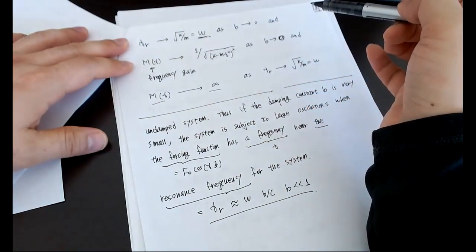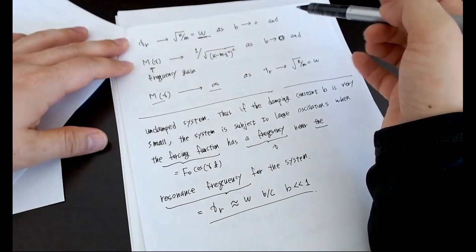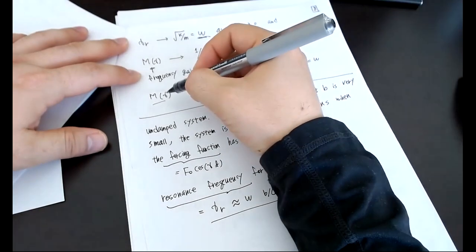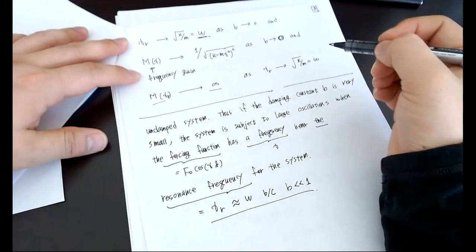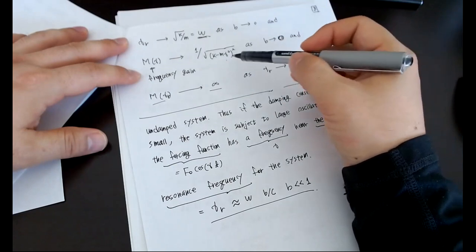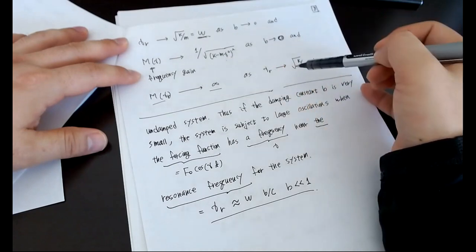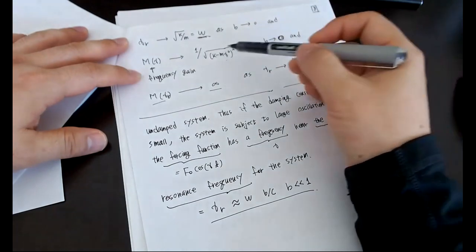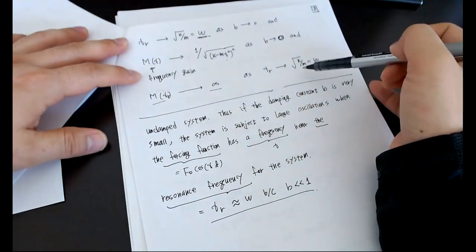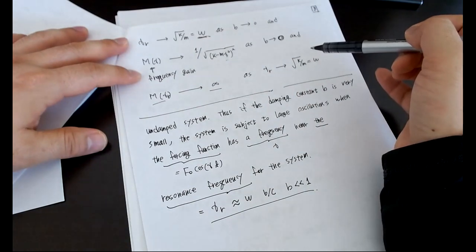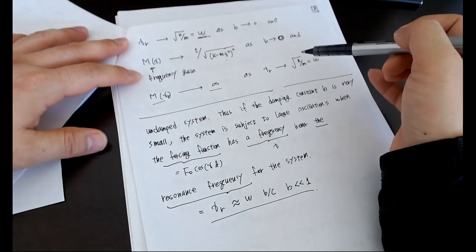Does it make sense? Why? Because substituting gamma r into gamma, gamma squared is just k over m. Then k minus m times k over m is 0.